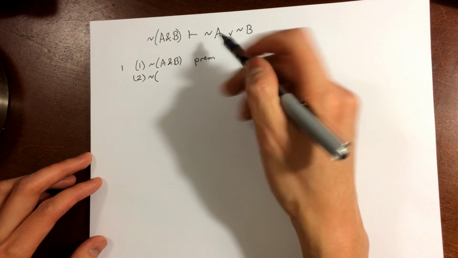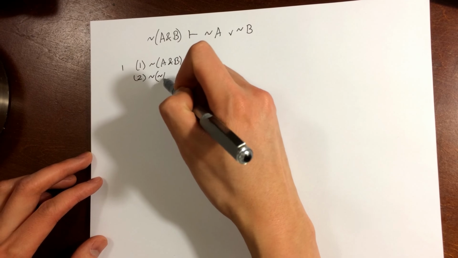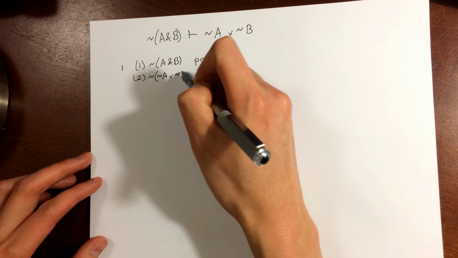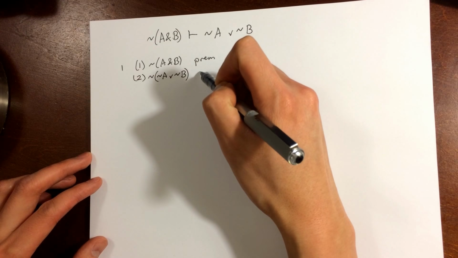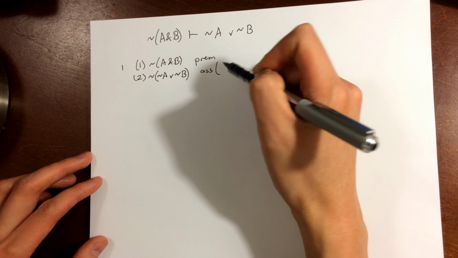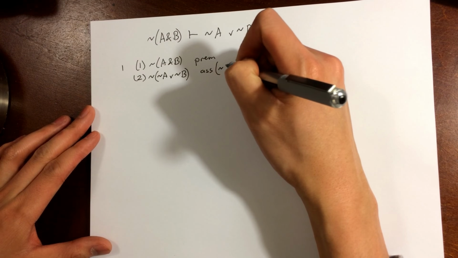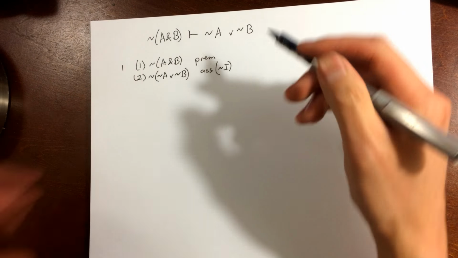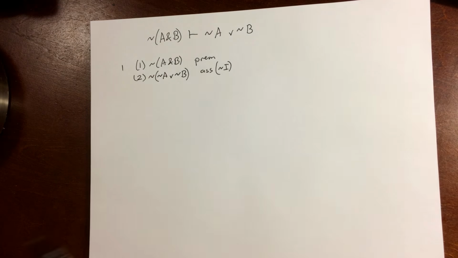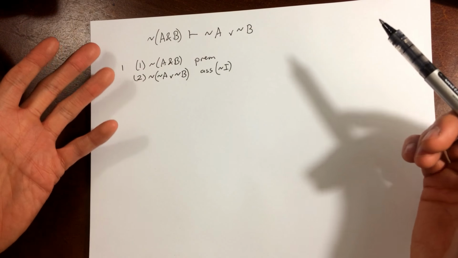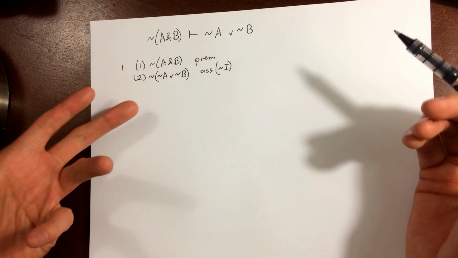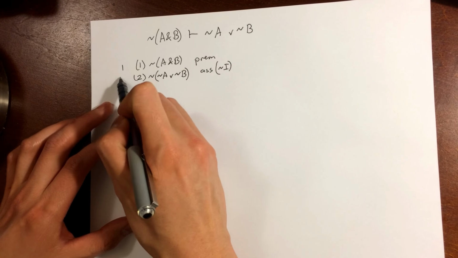So the opposite of this formula is not A or not B. And that's assumed, right, for reductio ad absurdum, but I like to write negation introduction, which, as I said before, the reductio ad absurdum method uses all the negation rules. So here this is 2.